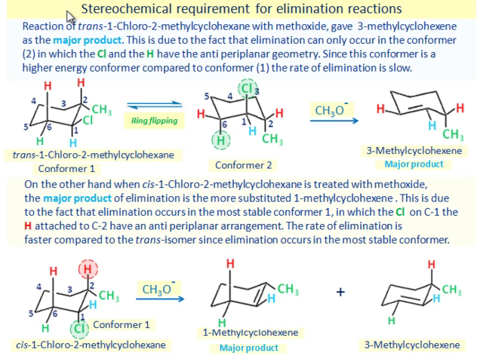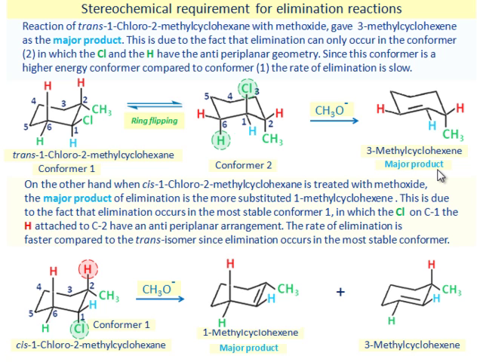Stereochemical requirement for elimination reactions. Reaction of trans 1-chloro-2-methylcyclohexane with methoxide gave 3-methylcyclohexene as the major product.